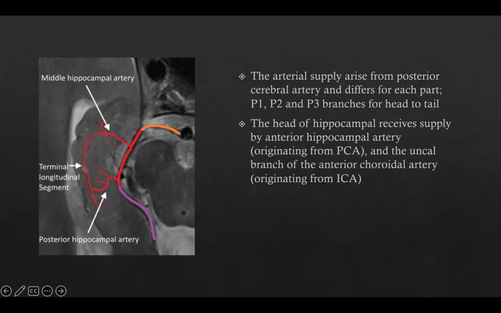Apart from that, the head is also supplied by a branch of the ICA, the anterior choroidal artery. The body and tail are interconnected by terminal longitudinal segments. So if you have an infarct in this region, it will have some distinct features, which I will show later.